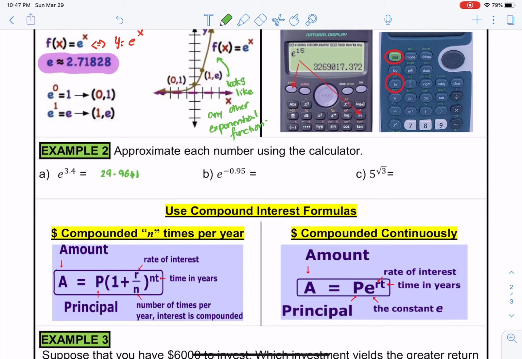So if you can't do it that way, you could also do 2.71828 raised 3.4. It should give you the exact same answer, or something very close. Plug it in the calculator again.